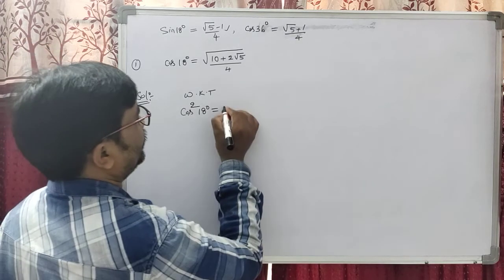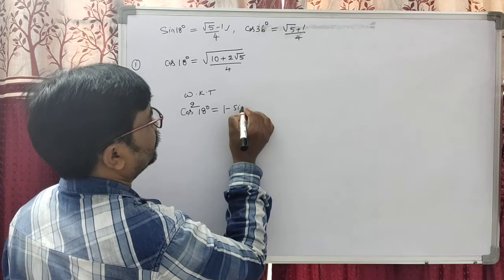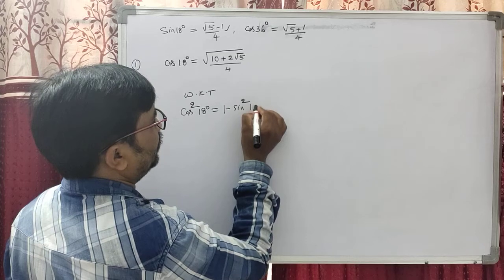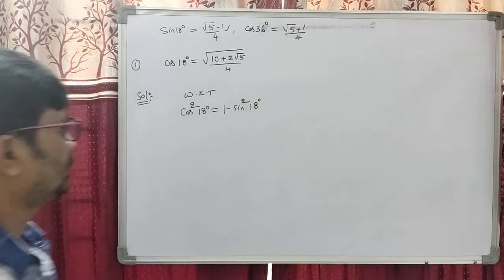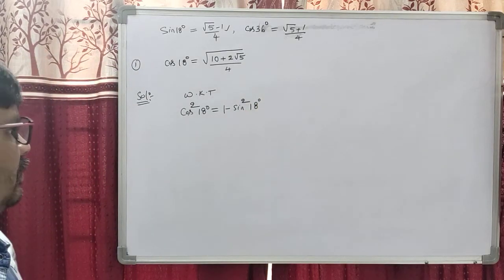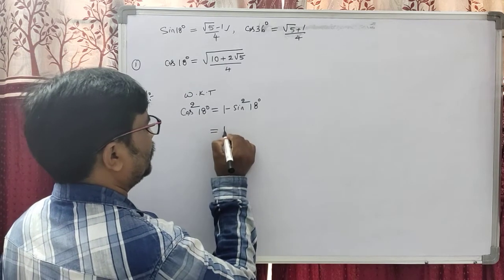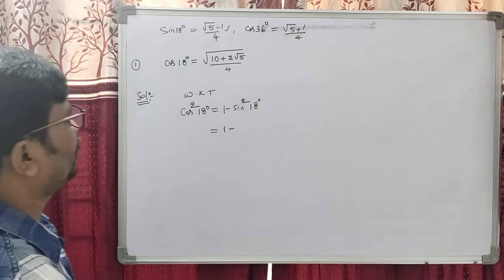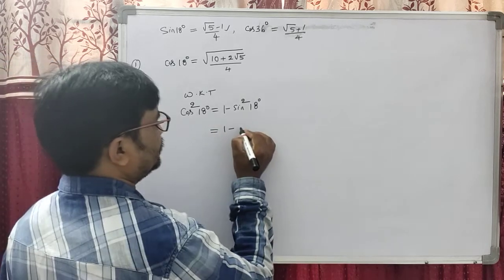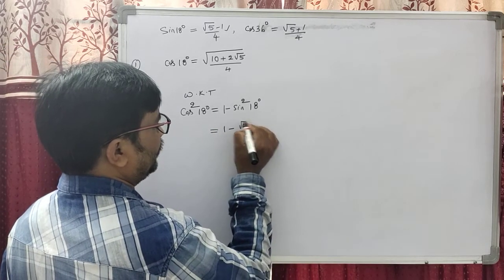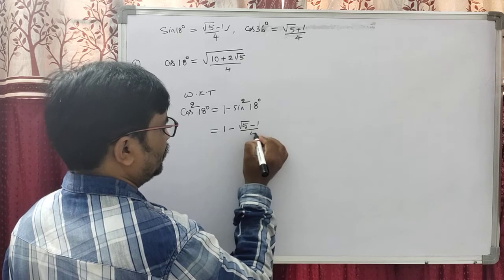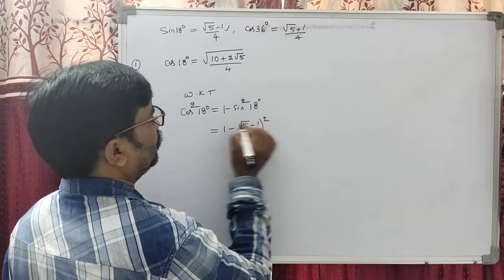Cos square 18 degrees equals 1 minus sin square 18 degrees. Now this is 1 minus ((root 5 minus 1) by 4) whole square.